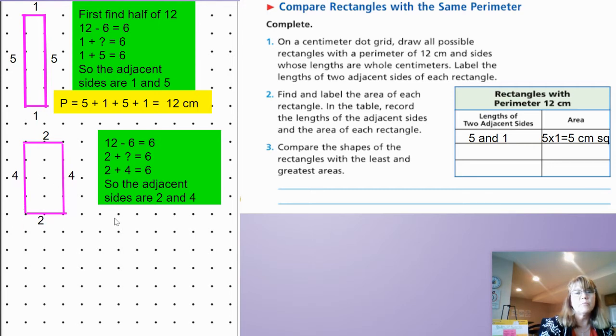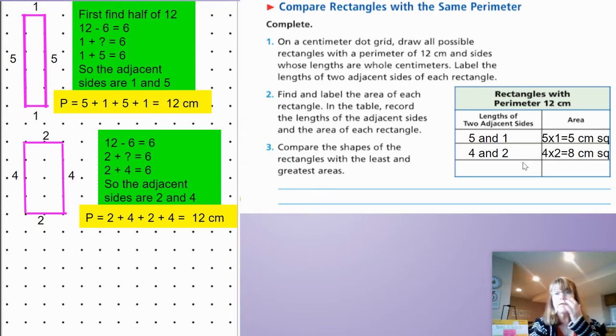When we find the perimeter, it should equal 12. 2 plus 4 is 6, plus 2 more is 8, plus 4 more is 12. So in my chart, 4 and 2 are the lengths of the two adjacent sides. The area is going to be 4 times 2, and that's 8 centimeters squared. Notice they have the same perimeter, but the areas are 5 and 8, so they're different.